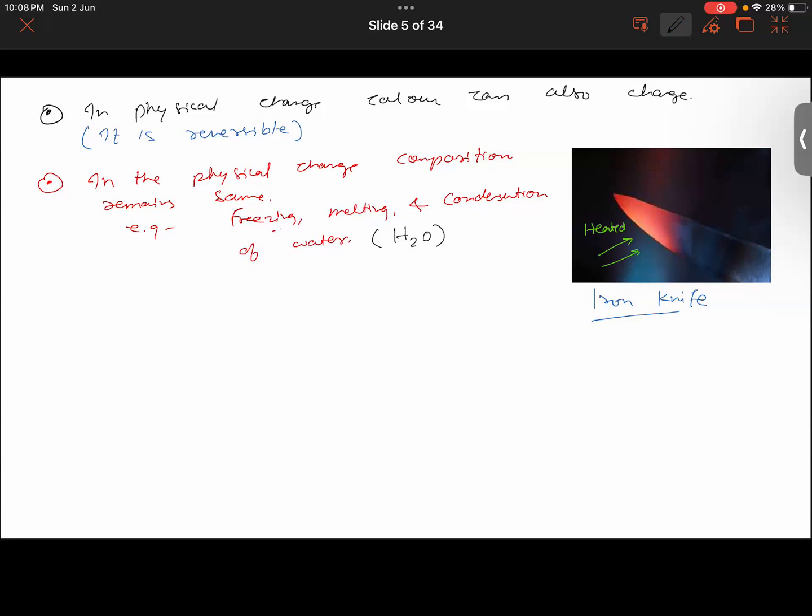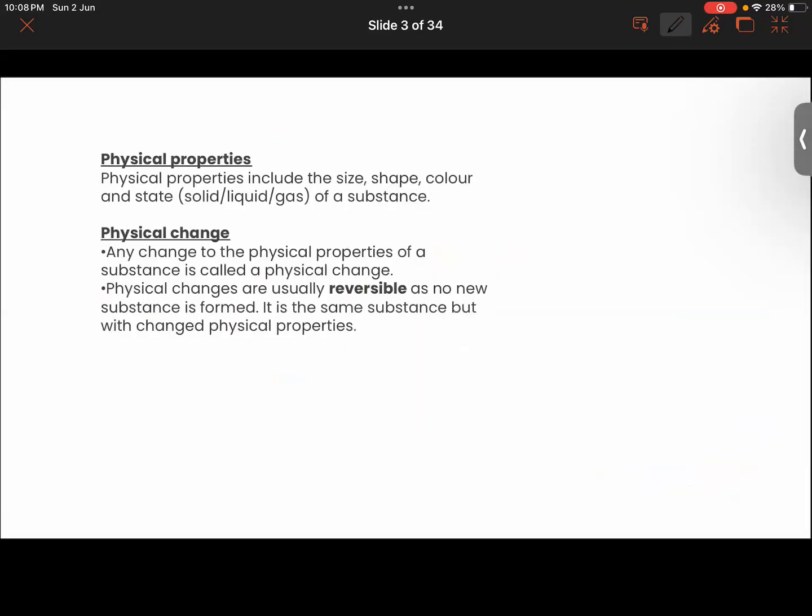You guys should be writing these things down also. Can I forget to tell you? You should be writing these things down also. In the previous class, did you guys write anything, Abu? Did you guys write anything in the previous class? Please respond.